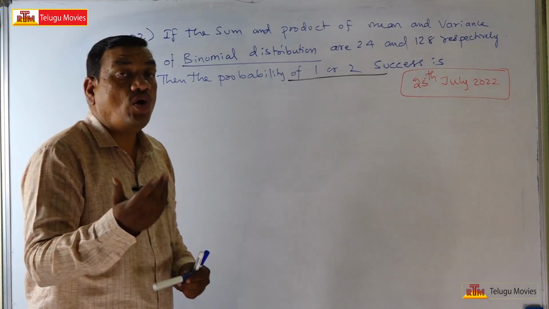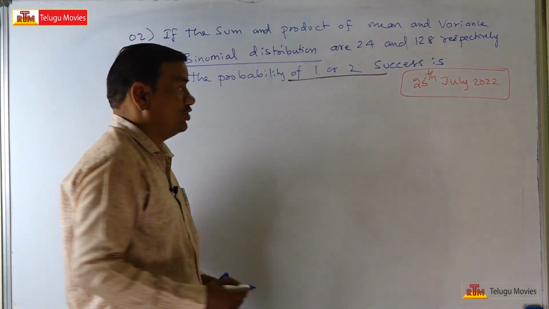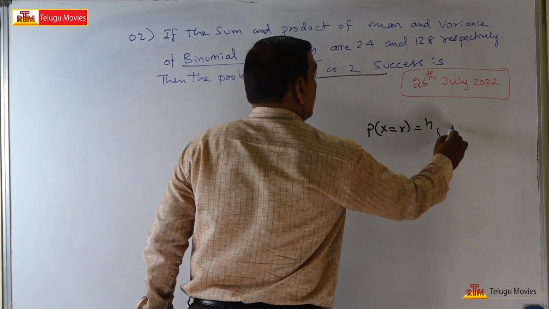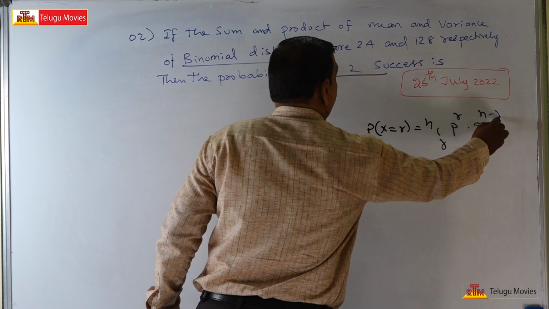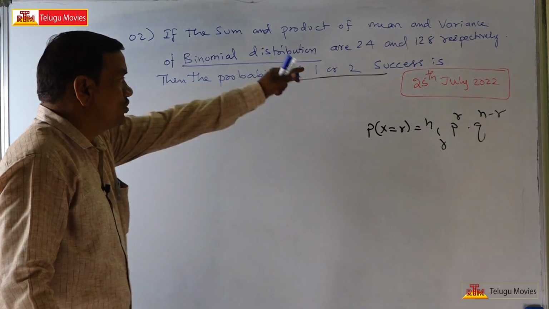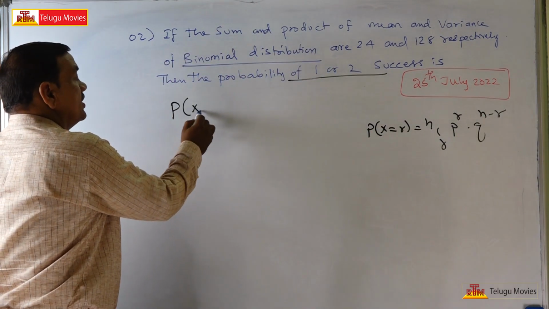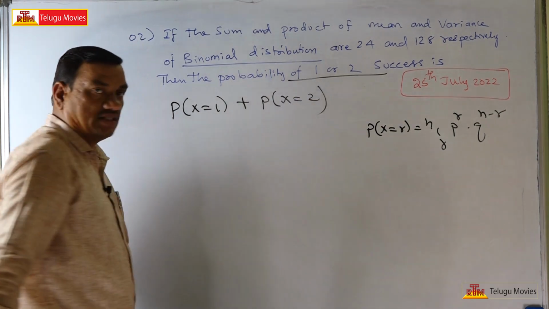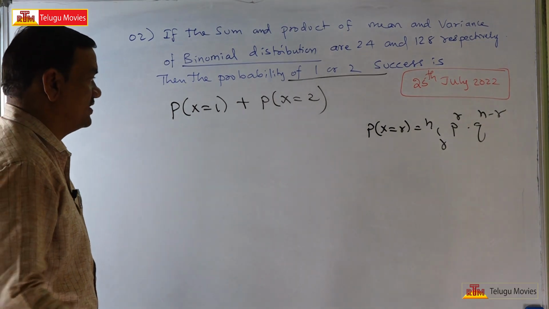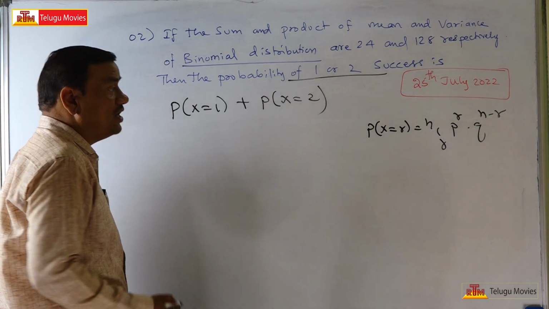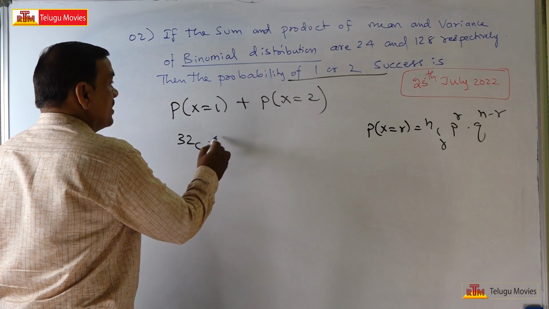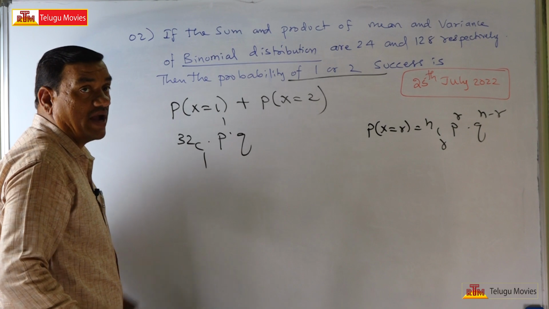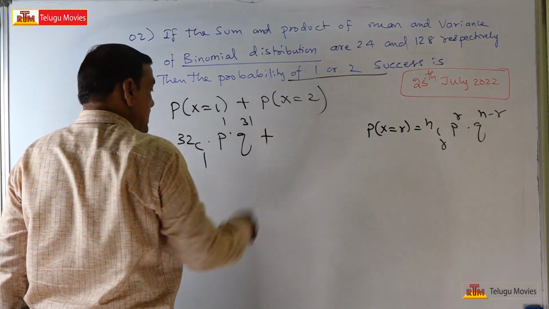As we know the binomial distribution, p of x is equal to r is equal to nCr p power r into q power n minus r. Here he has asked the probability of 1 or, means plus, 2 successes. So this is equal to n value is 32, 32C1 p to the power of 1 into q to the power of 32 minus 1, that is 31, plus 32C2 1 by 2 whole square into 1 by 2 to the power 32 minus 2, that is 30.